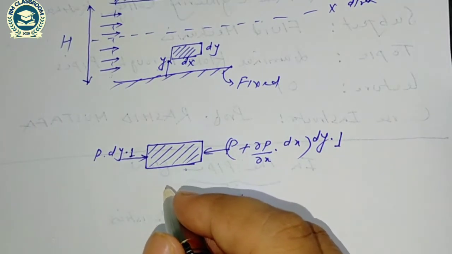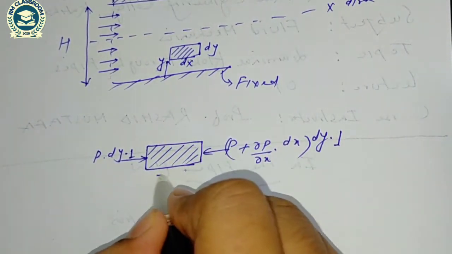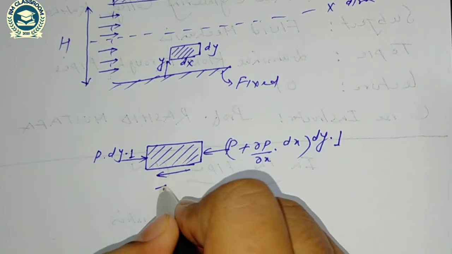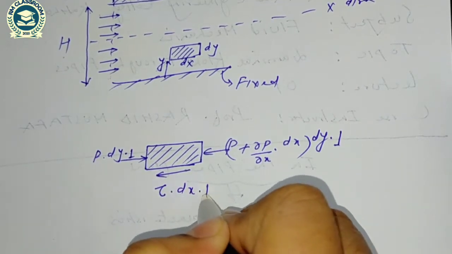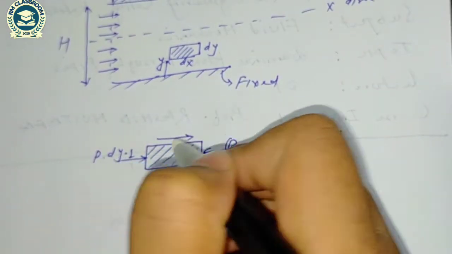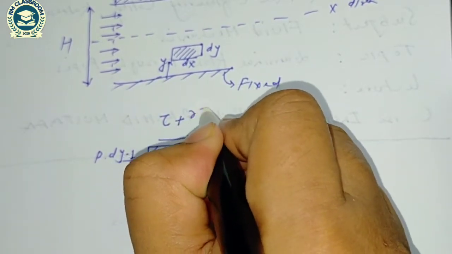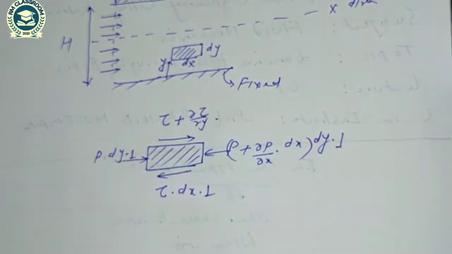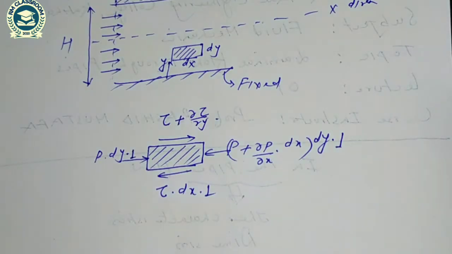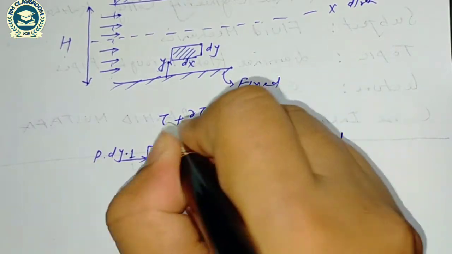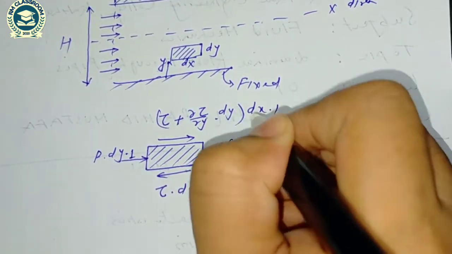Once the flow is in this direction, the shear stress will act in this direction, and the magnitude will be tau into dx into 1. Similarly in this direction, shear stress will be tau plus del tau by del y into dy into dx into 1.